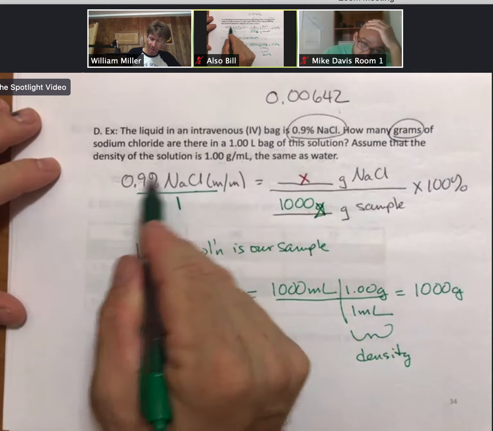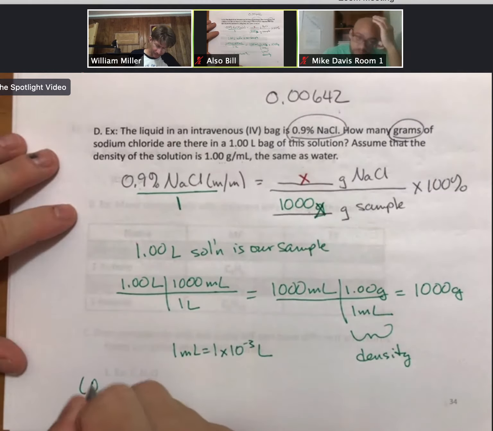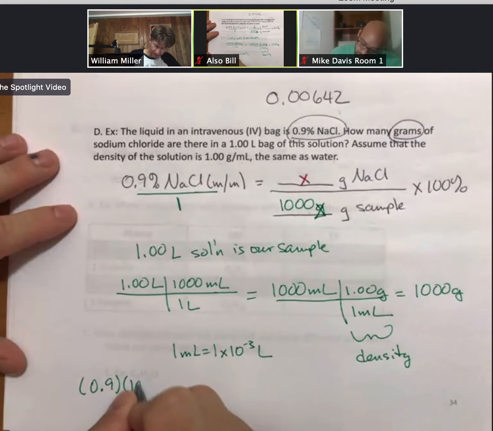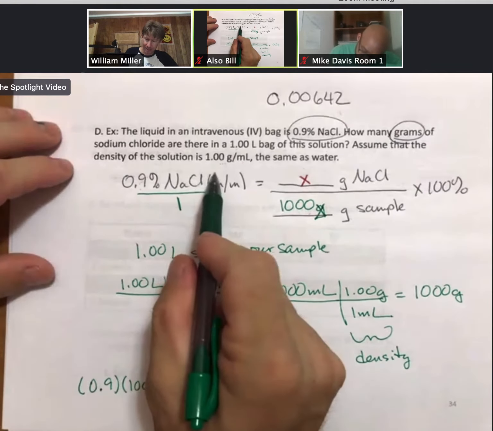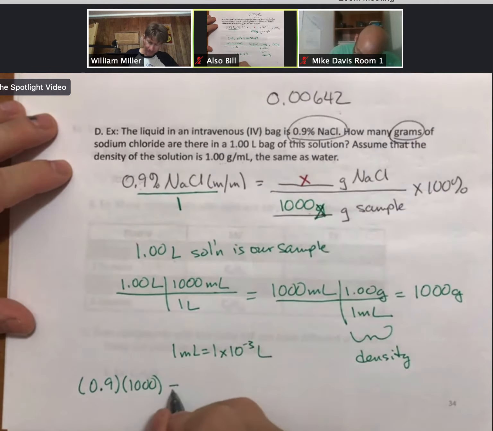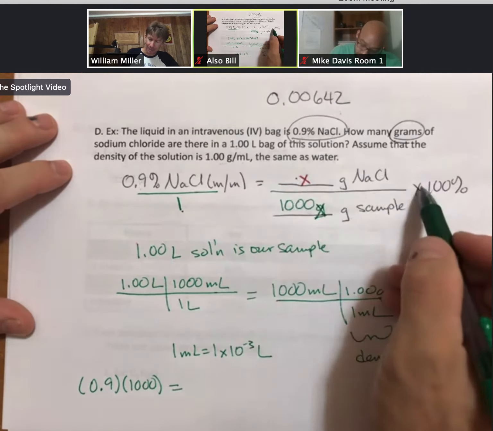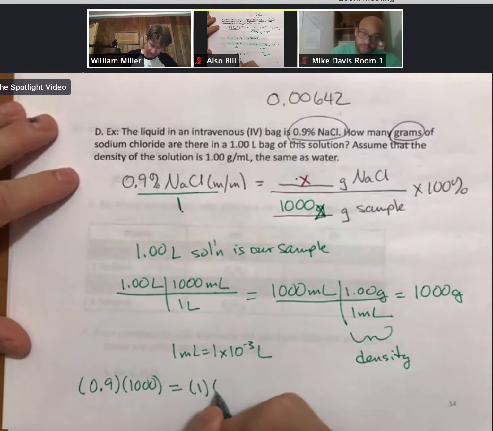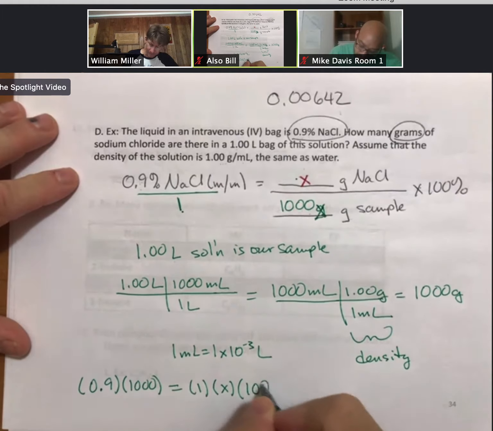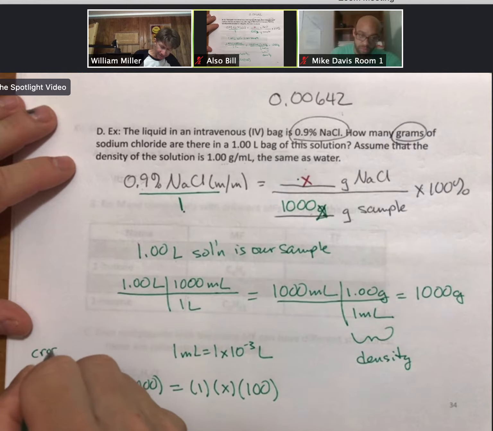If I cross multiply, it's going to be 0.9 times 1,000, that's the top and the bottom on the other side, equals 1 times x times 100. And this is the cross multiplication.